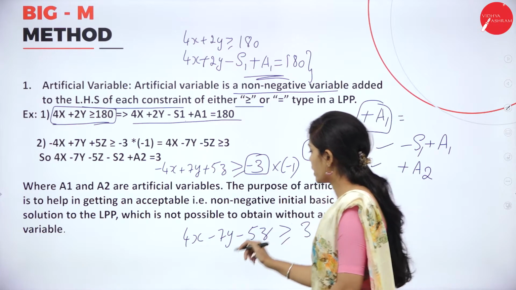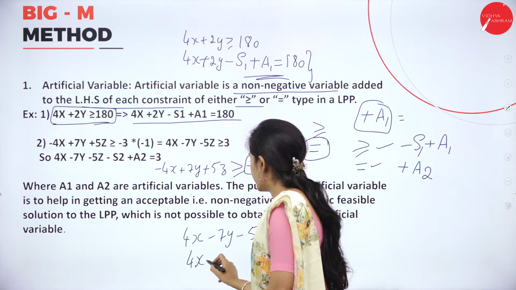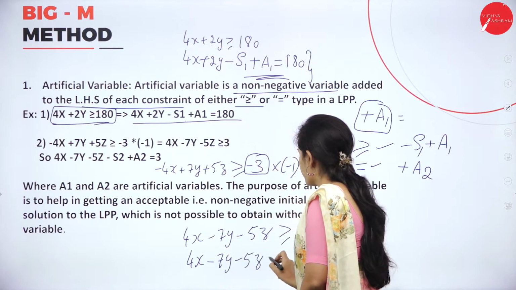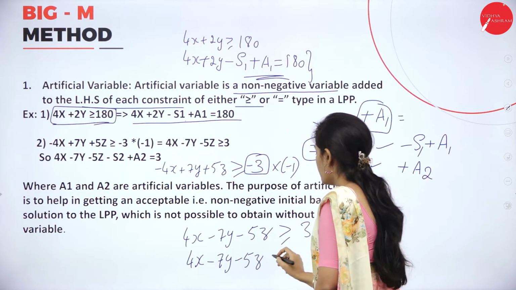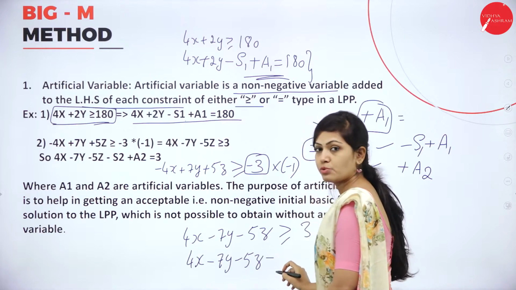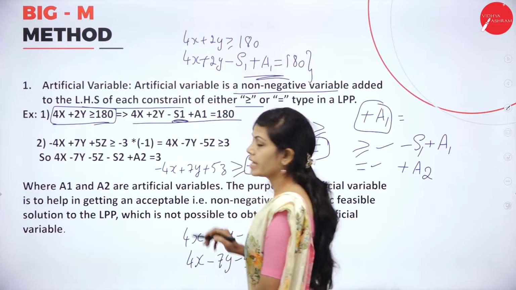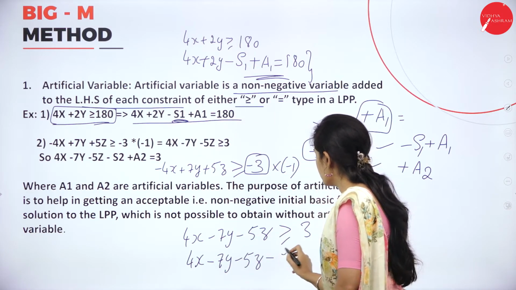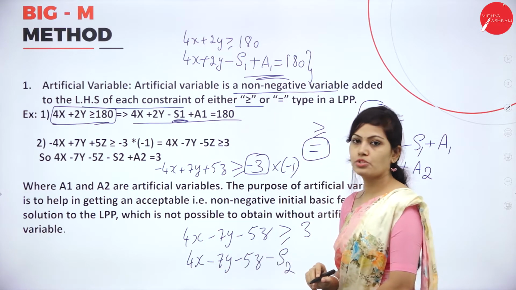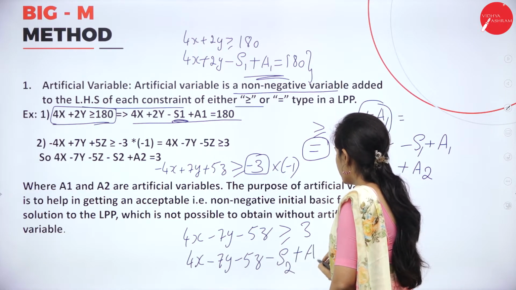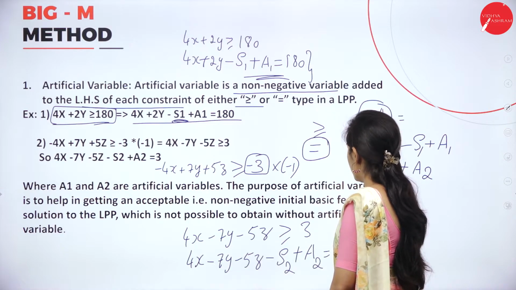Now you can convert this into standard form. 4x minus 7y minus 5z, subtracting the surplus variable, here s2, because in the first constraint I have already used s1. So in the second constraint it is minus s2, with the second artificial variable a2, is equal to 3.